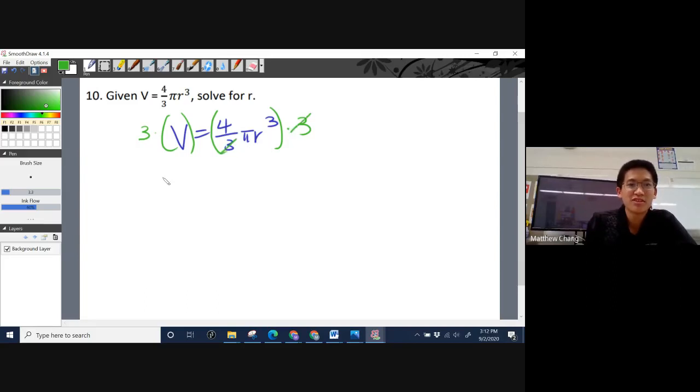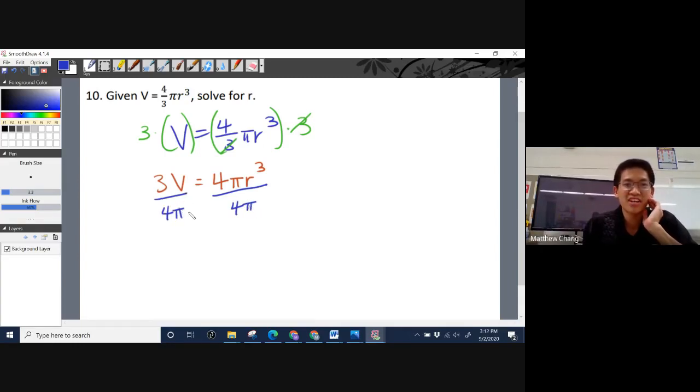The 3's will cancel, and we're left with 3V equals 4 times pi r cubed. Next, we divide both sides by 4 pi. The 4's and the pi's cancel, so we're left with 3V divided by 4 pi equals r cubed.